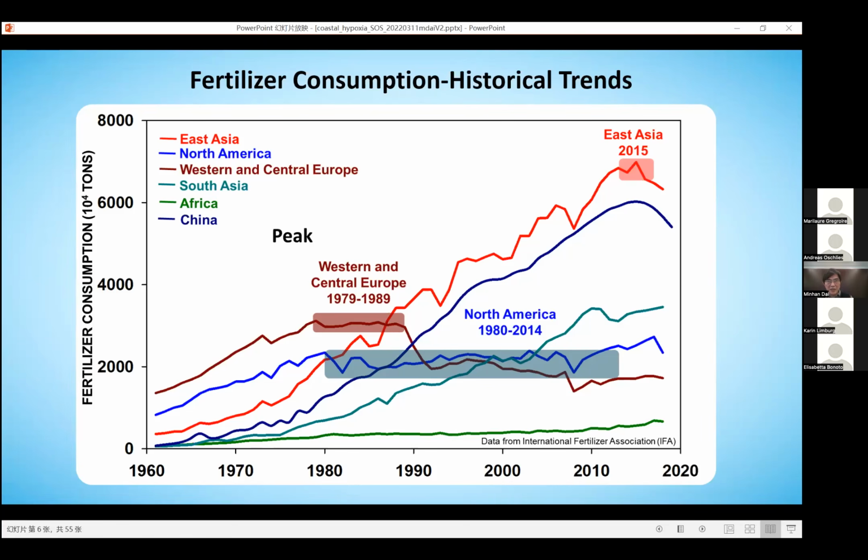From here, you see quite clearly the growth in fertilizer consumption globally during the last 6 decades, starting dramatically in the 50s. Then you can see the trends starting from Western and Central Europe, then North America, and now East Asia, and I would say transforming into South Asia and Africa as well.